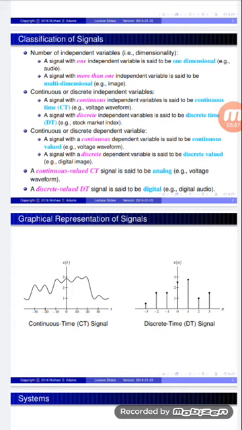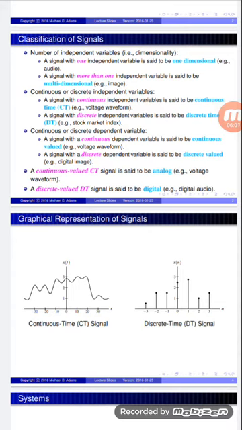Next is continuous or discrete dependent variables. In this, a signal with a continuous dependent variable is said to be continuous valued, for example a voltage waveform. A signal with a discrete dependent variable is said to be discrete valued.